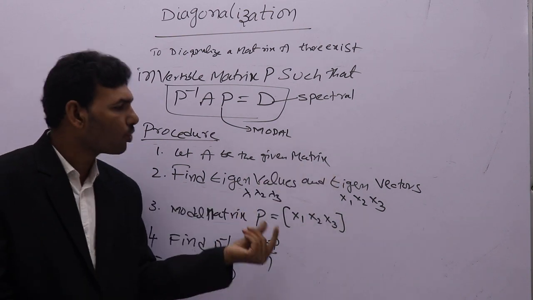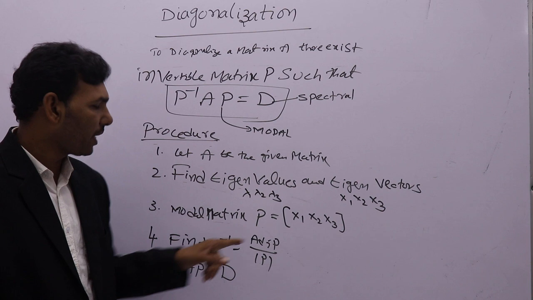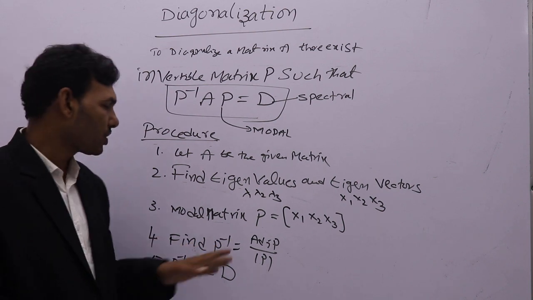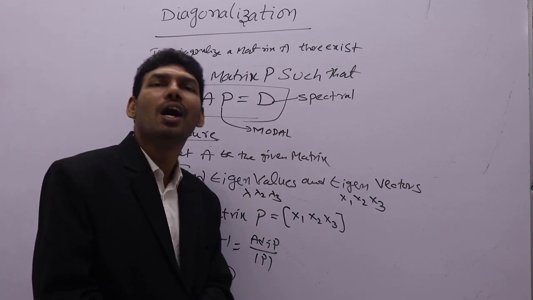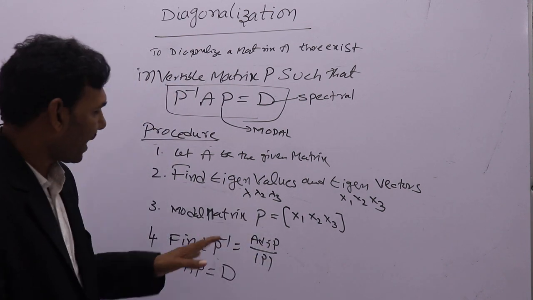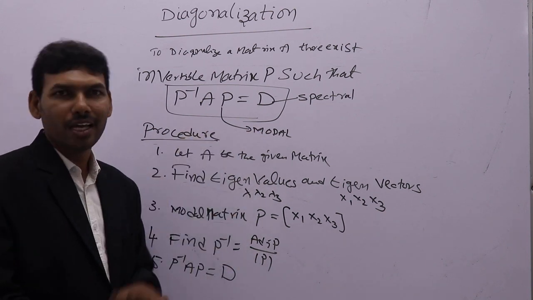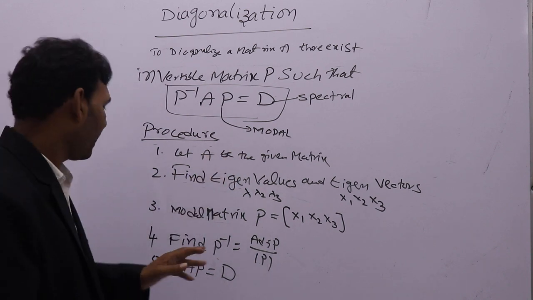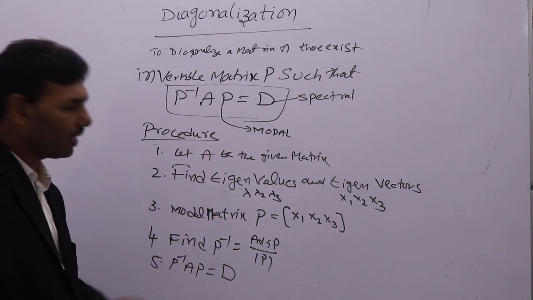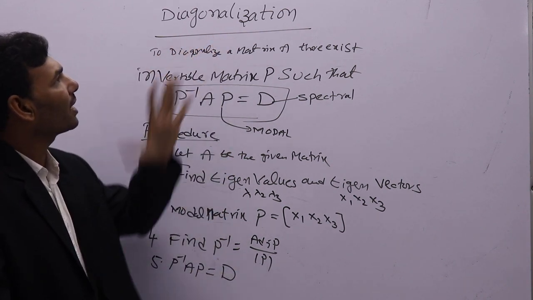Those eigenvectors we write as columns to form the modal matrix P. After writing P, we calculate P inverse using adjoint P by det P, or we can use a calculator also. I will give you the complete calculator operations for calculating inverse, determinant, and solving equations. Next, find P inverse AP, and you will get D. This is the procedure to diagonalize a matrix.